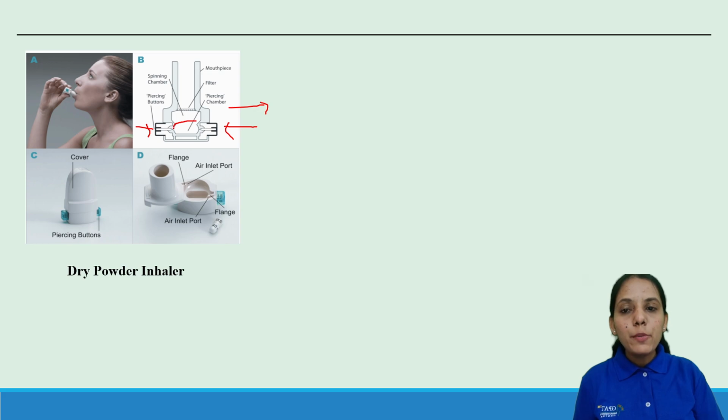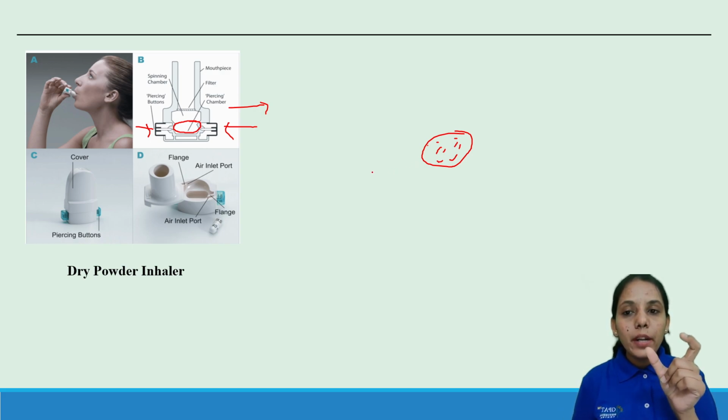Inside this, a capsule is placed. In the capsule, you will place some diluent along with your active pharmaceutical ingredient. Whenever the patient presses the piercing buttons, the capsule will be broken down and ruptured.